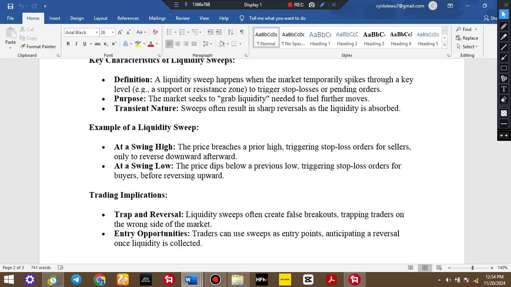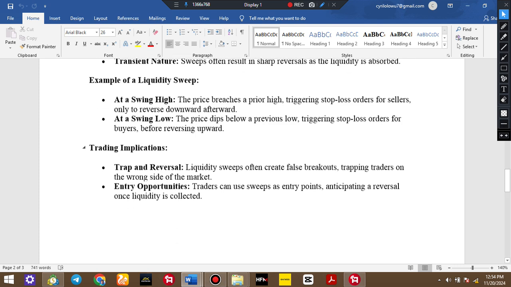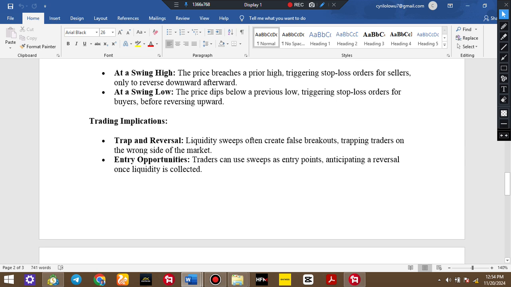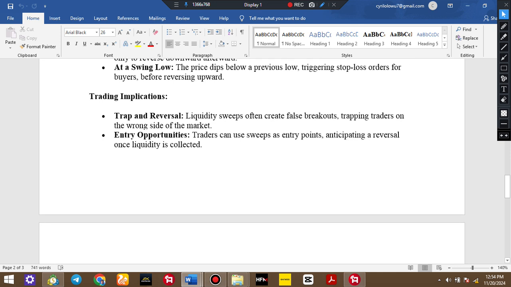At a swing low, the price dips below a previous low, triggering stop loss orders for buyers before reversing upward. All these things I've explained in the liquidity concept guide. So don't fail to watch that video so that all these things will make more meaning to you.